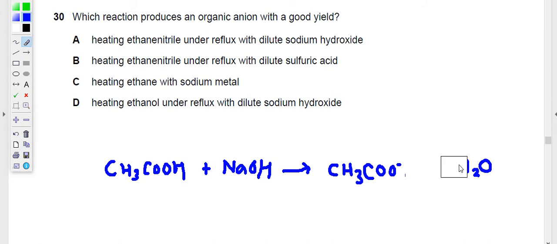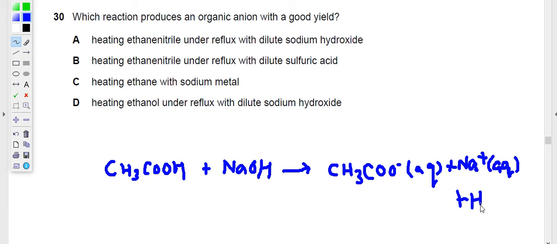I'm just going to erase this and write them as separate ions. So a carboxylate ion like this is called an organic anion.